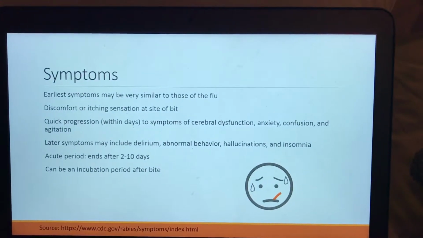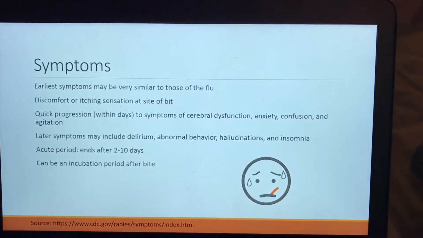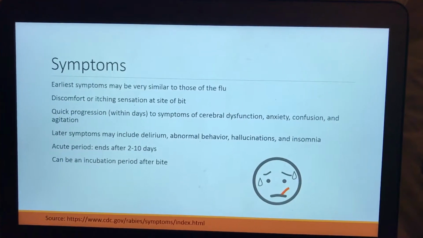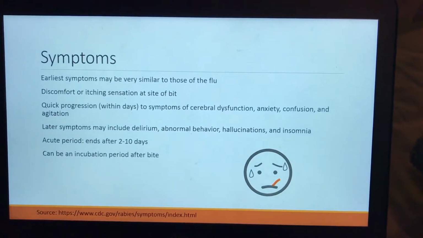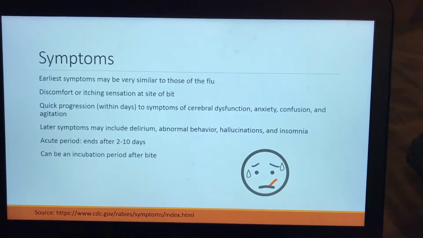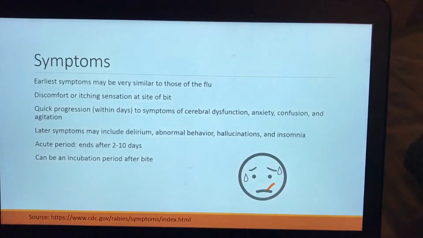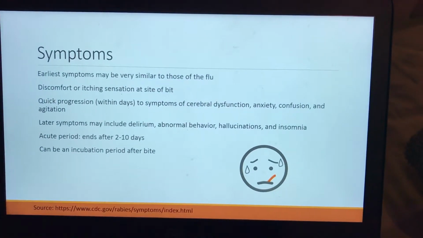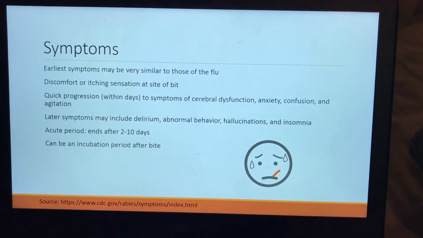There also could be discomfort or itching at the site of the bite, assuming that that's how the disease was transmitted. There is a quick progression within days to symptoms of cerebral dysfunction, anxiety, confusion, and agitation. And the later symptoms of the disease may include delirium, abnormal behavior, hallucinations, and insomnia.